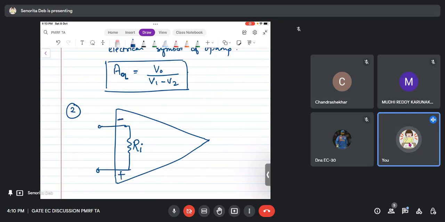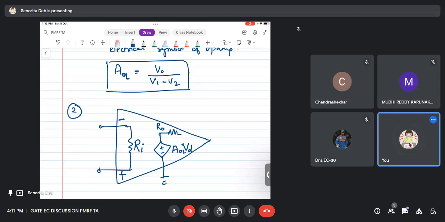Okay, so that means between the positive and negative terminal there is an input resistance. Okay, and here we say there is a voltage controlled voltage source. Okay, and this is having a series resistance because it's a finite thing, it's a non-ideal thing. So this will have a series resistance R out.